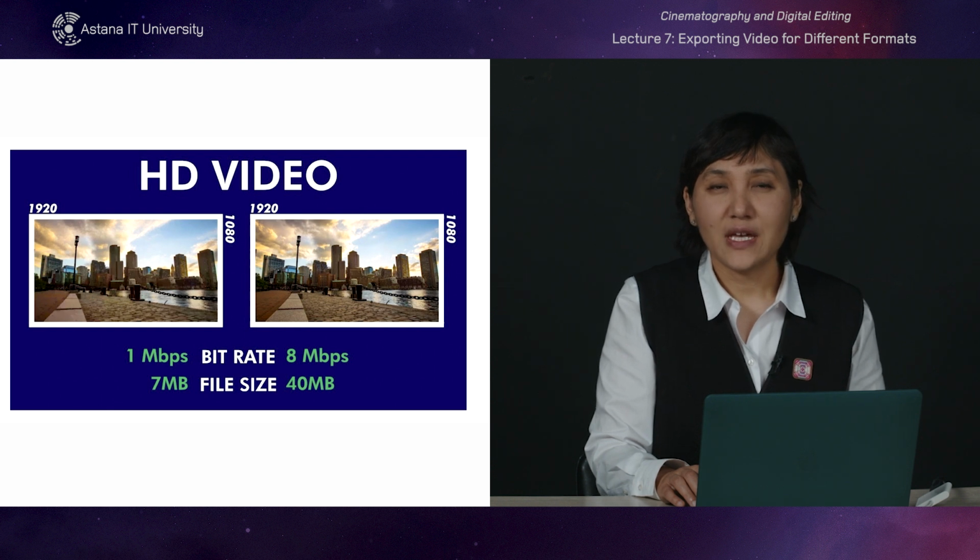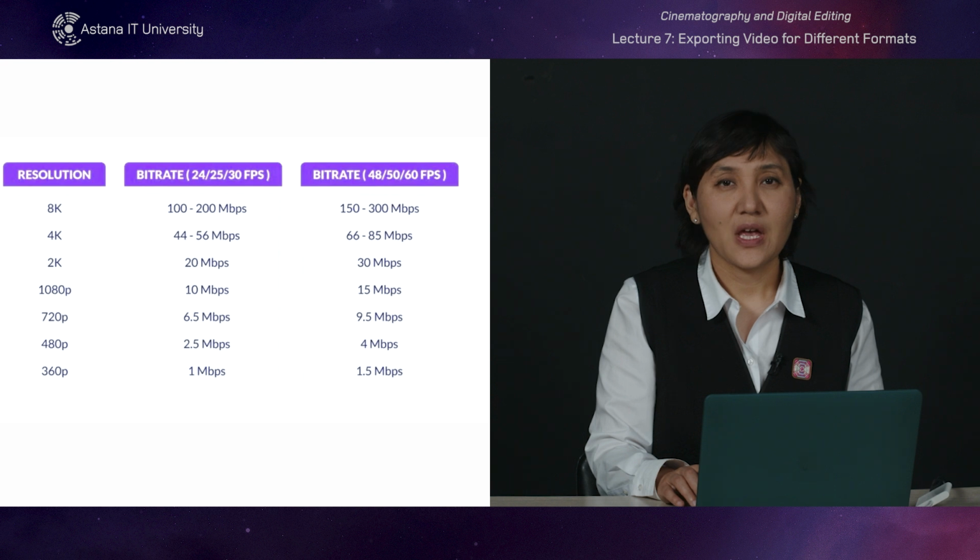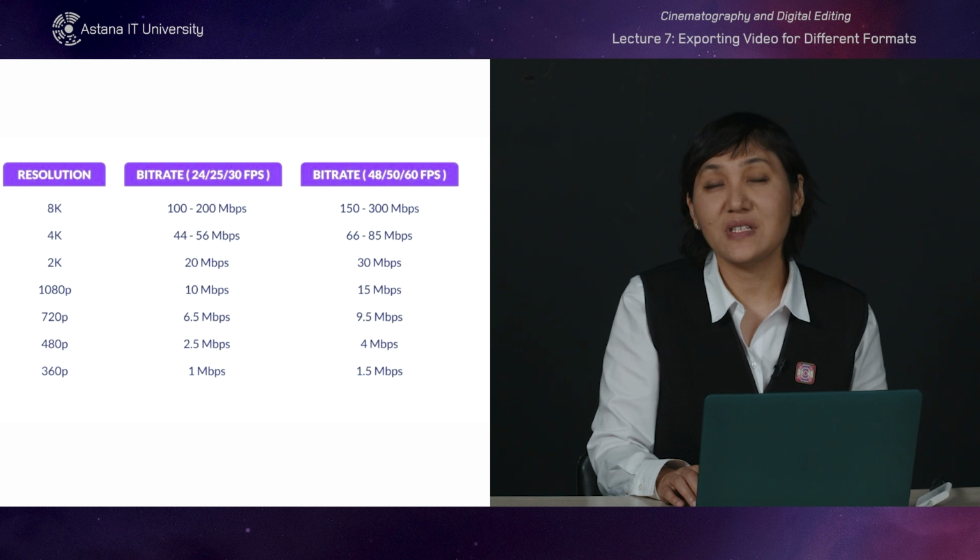For 4K exports, the bitrate should be higher, between 35-45 megabits per second, to ensure that the extra detail is preserved. It's also crucial to select the correct format, with MP4 H.264 being the most common choice for web-based delivery due to its efficient compression.